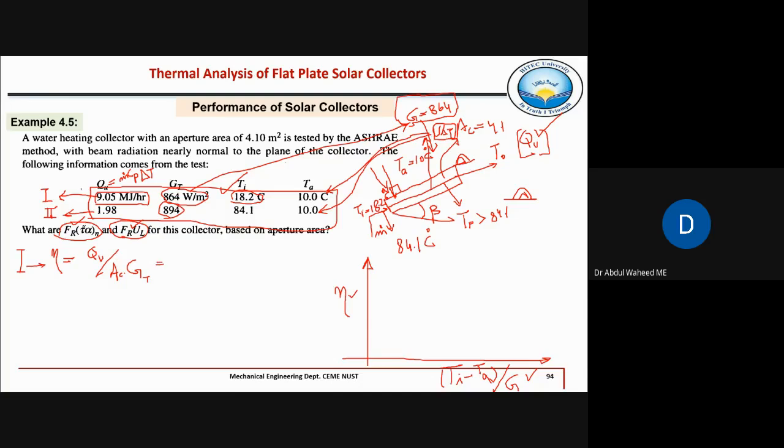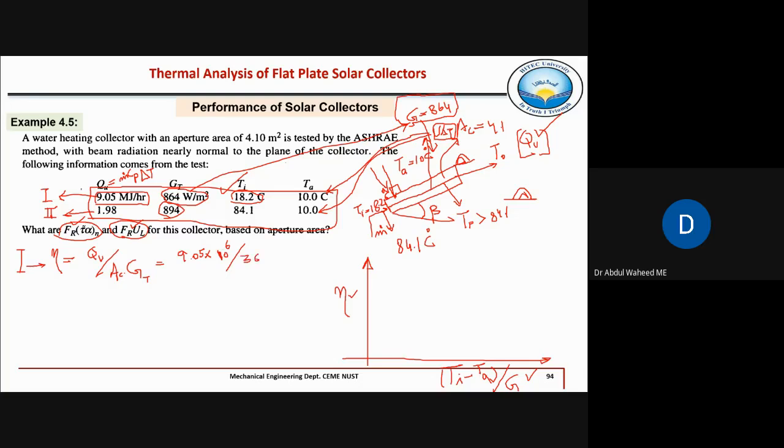So the measured data tells us that QU is 9.05 times 10 to the power 6, because it is megajoules, joules per hour. So we need to convert this hour into seconds.